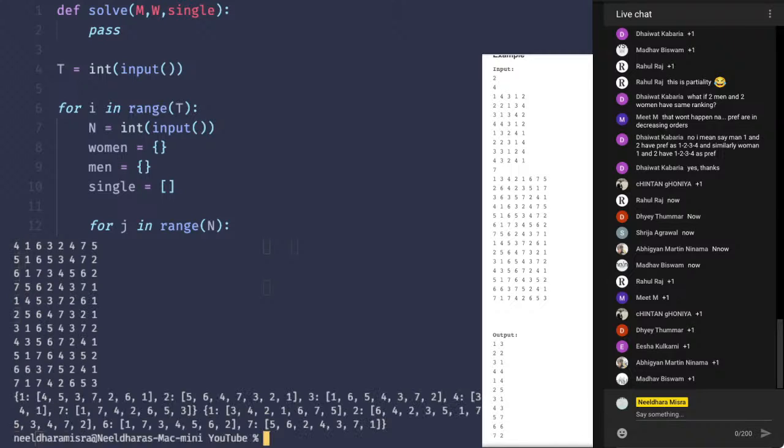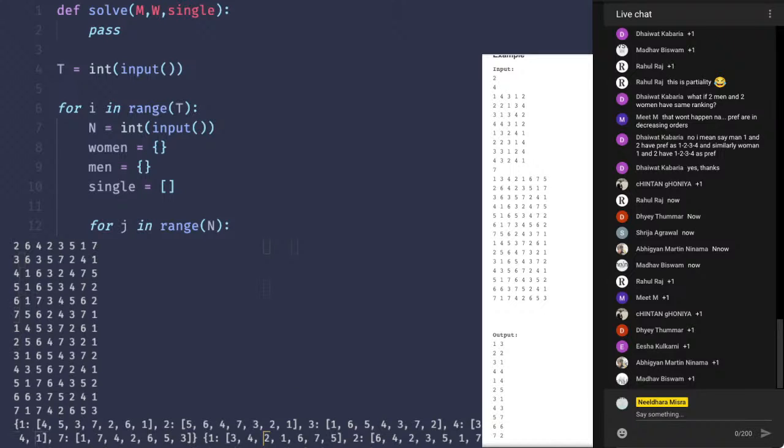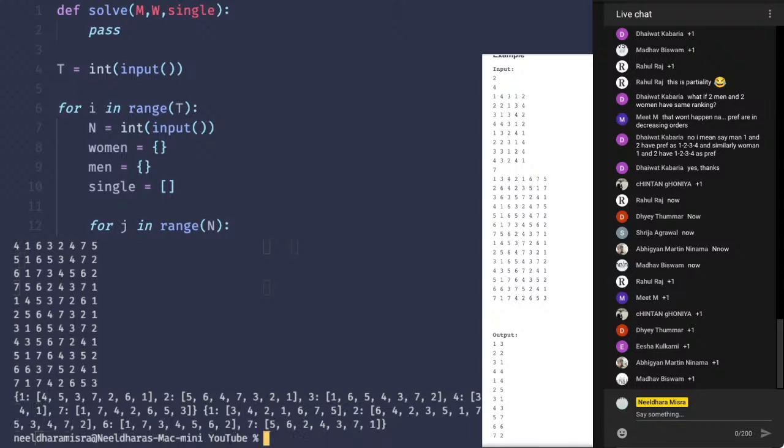Okay, so hopefully the terminal output is also visible to you, and you can see that we do have these dictionaries, but one thing to be slightly careful about is that we want the top element of the list to reflect the top preference.